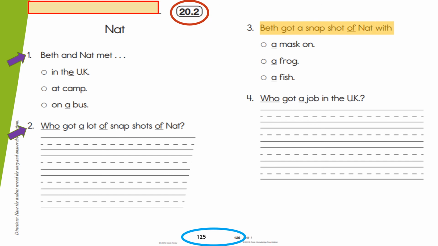Number 3, Beth got a snapshot of Nat with a mask on, a frog, a fish. What did Beth get a snapshot of Nat with? And number 4, who got a job in the UK? Make sure you answer in complete sentences. Do your best work and use your neatest handwriting.